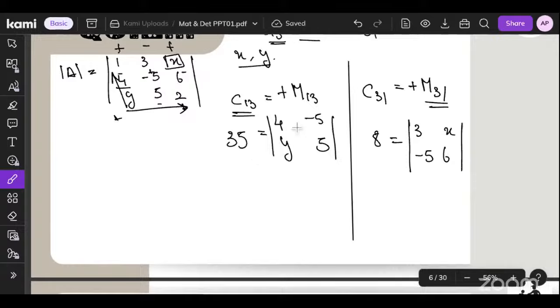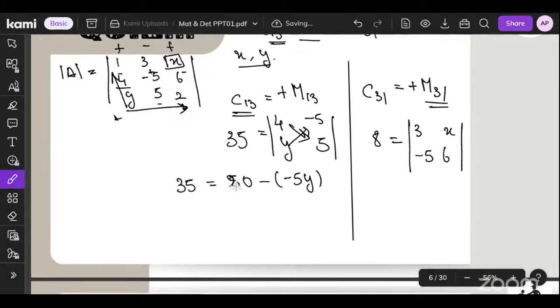Hope you know the process of how to solve these determinants. You need to cross multiply the terms so that you get 35 equal to 4 5s are 20, and then minus, multiplying this term, it is minus 5y.